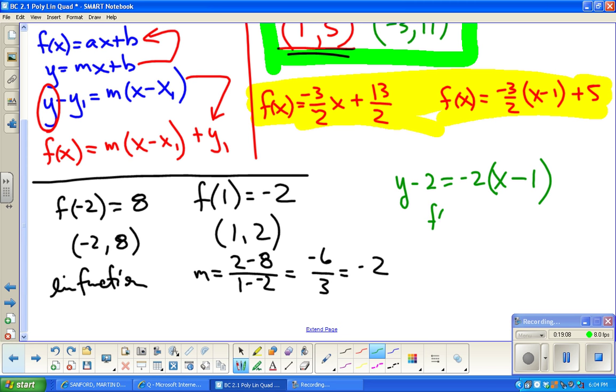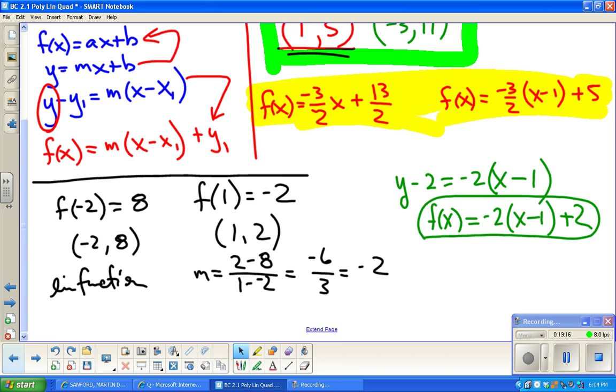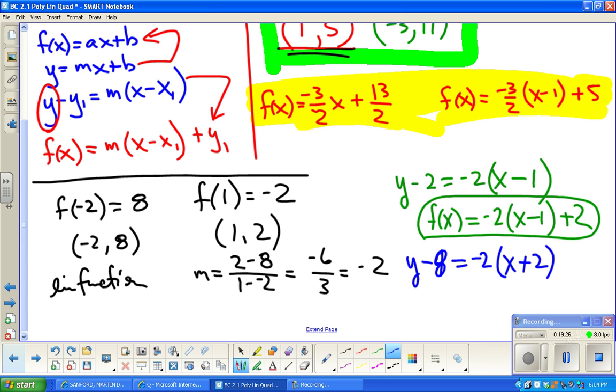So if I'm doing f of x, I would just adjust this a tiny bit, and that's fabulous. And if you prefer the other point, y minus 8 equals negative 2 times x minus negative 2.